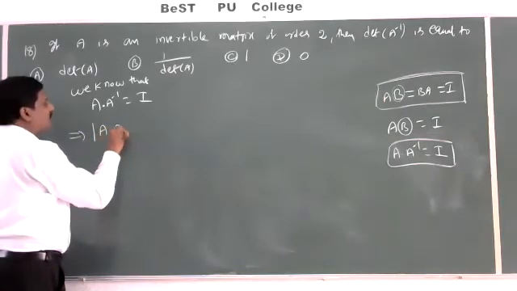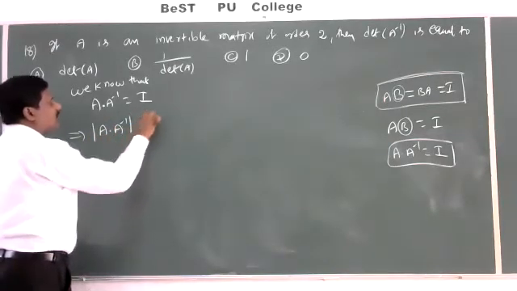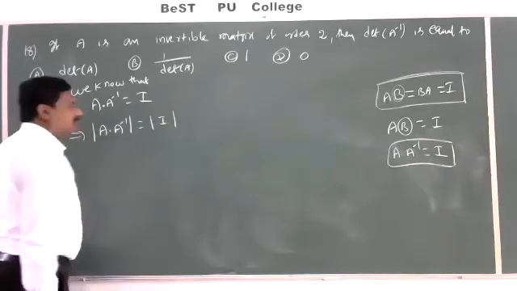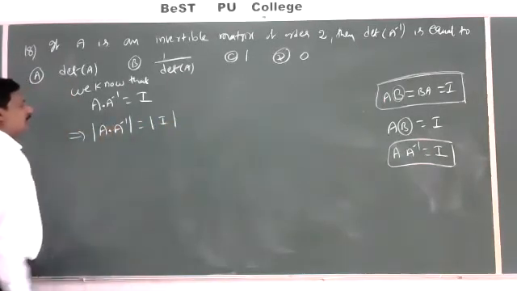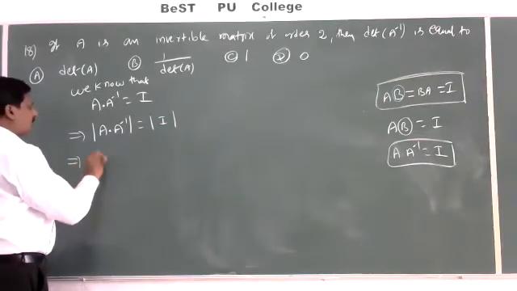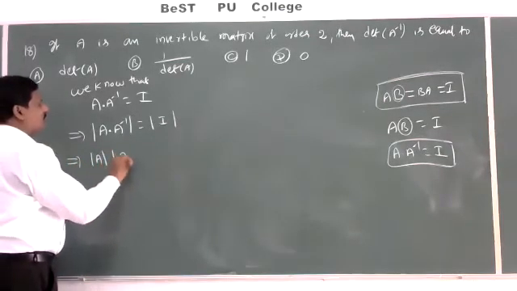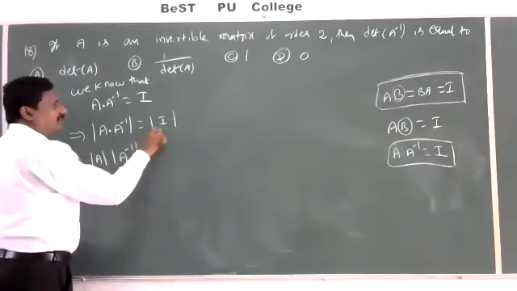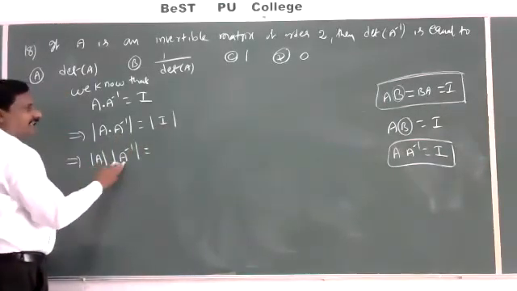Determinant of A into A inverse equal to determinant of I. Determinant of A into determinant of A inverse, since determinant of AB equal to det A into det B.